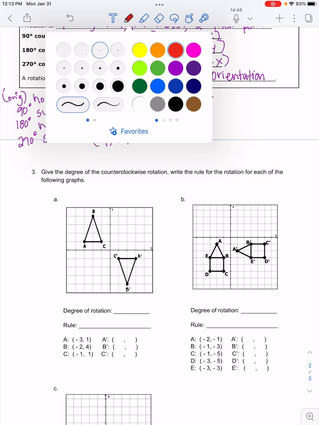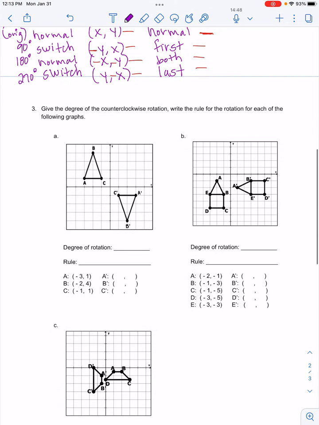So let's apply that. If you take a look at 3A, this is a 180-degree counterclockwise rotation. And we know that the rule for 180 degrees, because we just wrote it up there, looks like this.